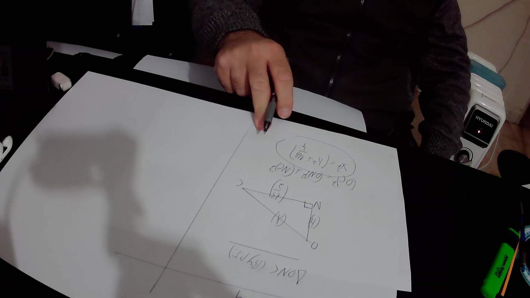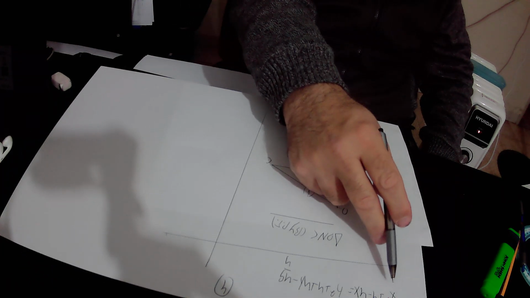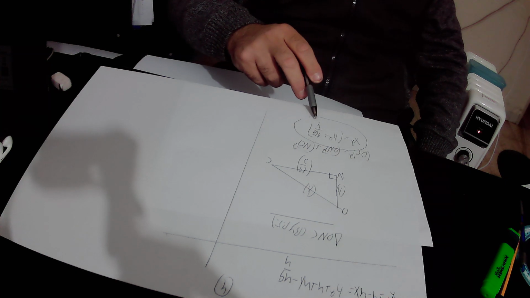Now we can substitute x squared in this equation by h squared plus 169 over 4.